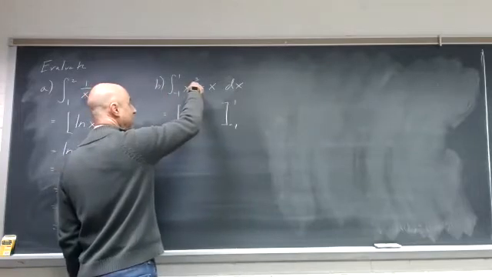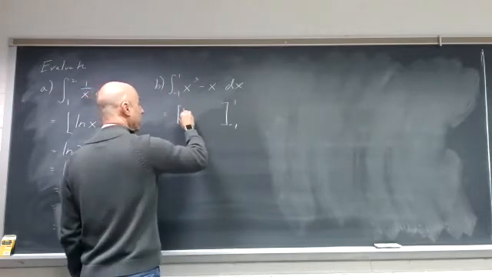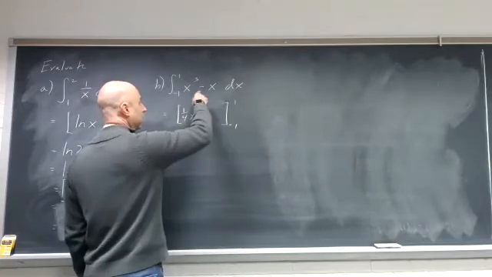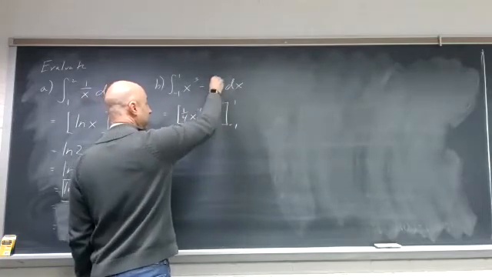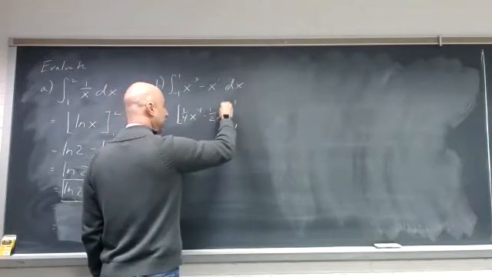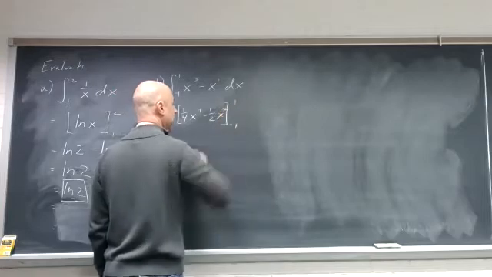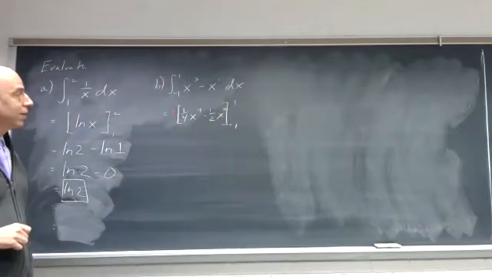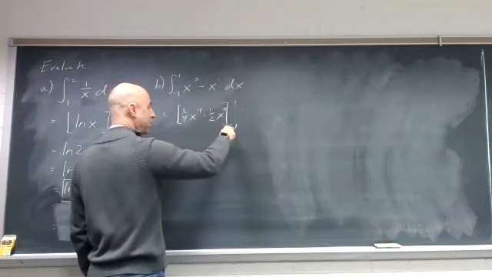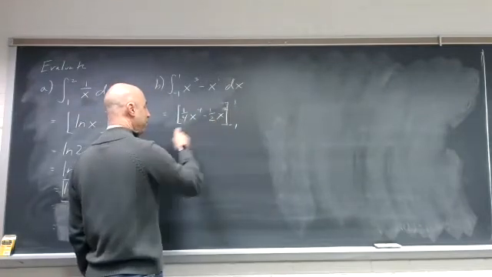Antiderivative of x cubed using the antiderivative power rule, 1/4 x to the 4th. Antiderivative of x using the antiderivative power rule, that's really x to the 1, 1/2 x squared. So plug this number in for x in both places, subtract off what you get when you plug this number in for x in both places.